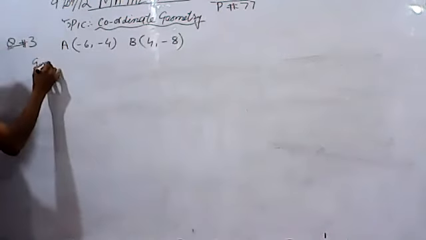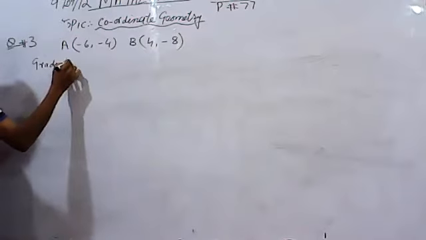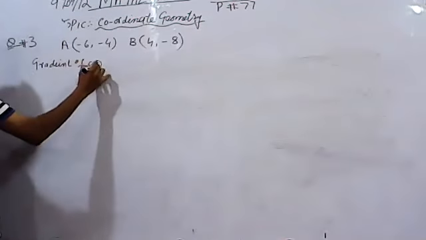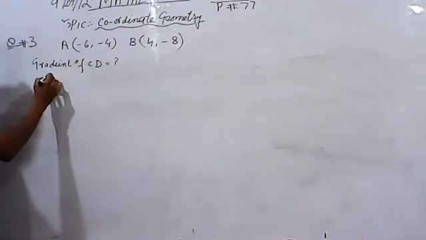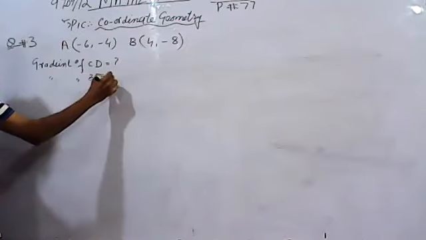The question number 3, two vertices of the rectangle A and B. Find the gradient of CD and the gradient of BC. We have to find the gradient of CD and the gradient of BC.